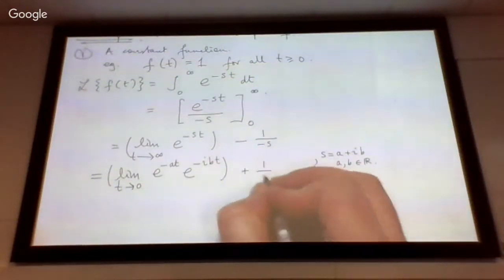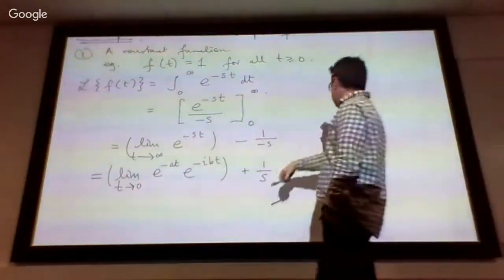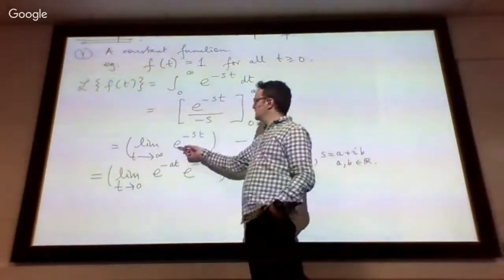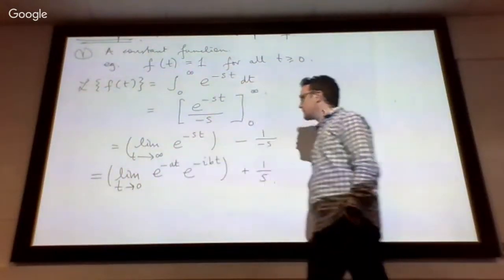And this is going to be plus 1 over s. Two minus signs. Because if s is a + ib, then using rules of exponents, this exponent of a sum becomes the product of the exponents.